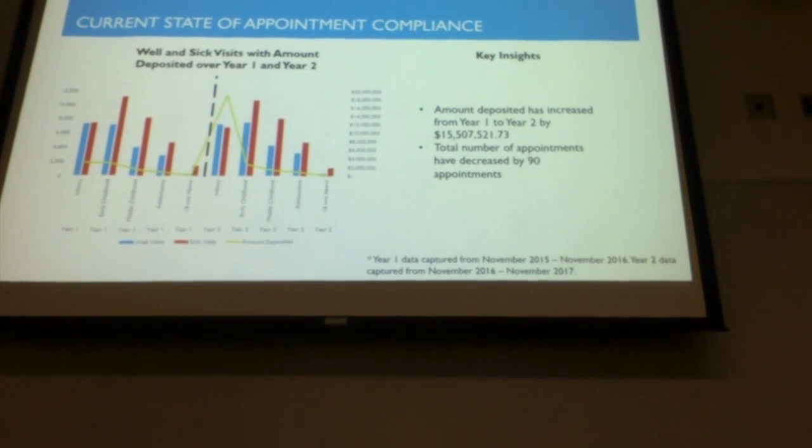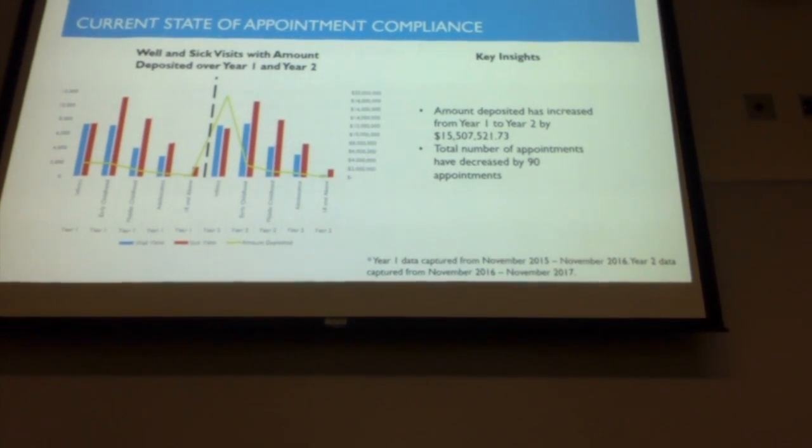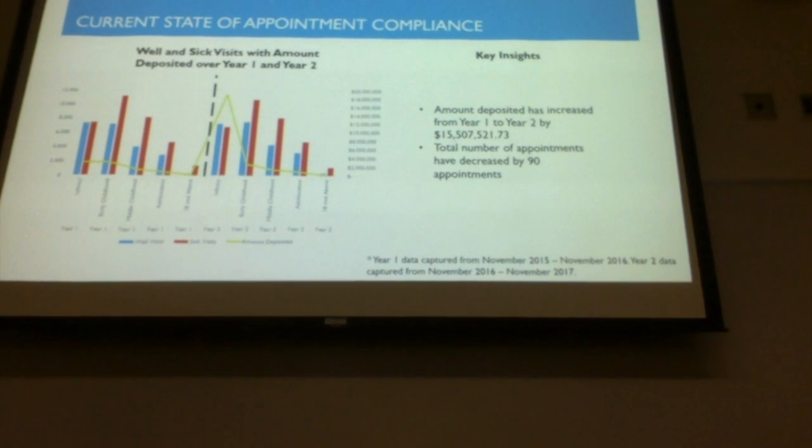As you can see, KPP has seen approximately the same amount of visits between year 1 and year 2. However, the amount deposited has increased from year 1 to year 2 by approximately $15.5 million, while the number of appointments has had a slight decrease of about 90.